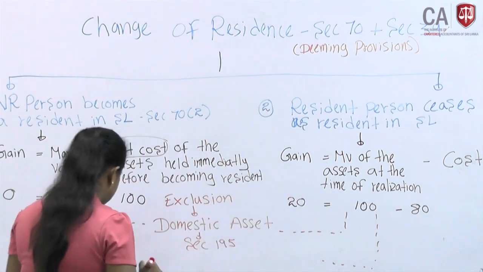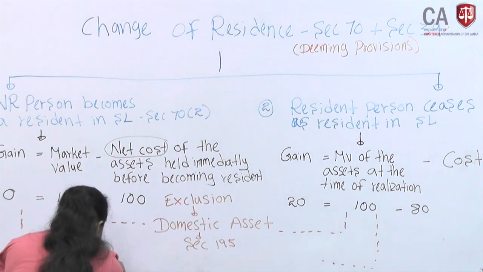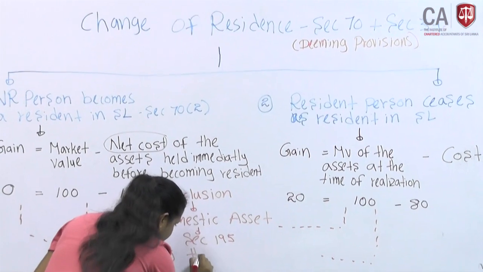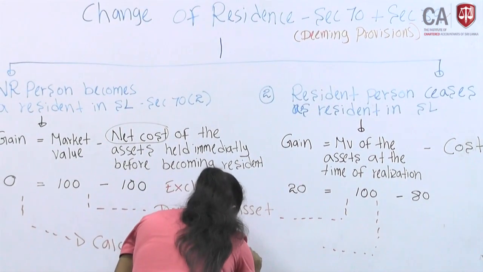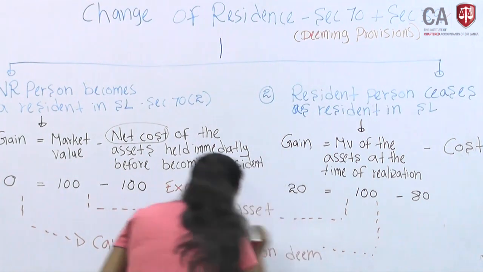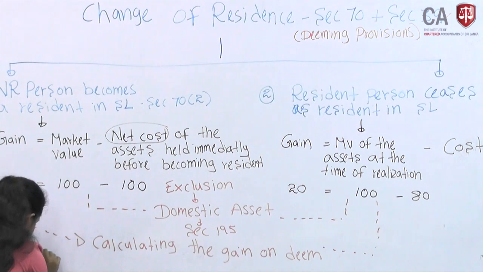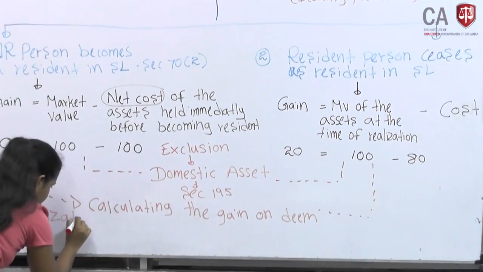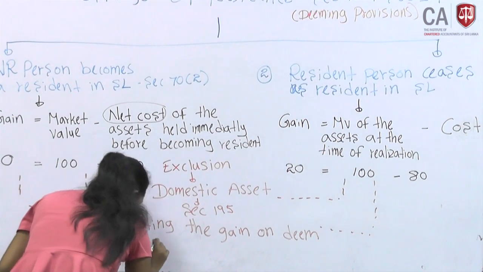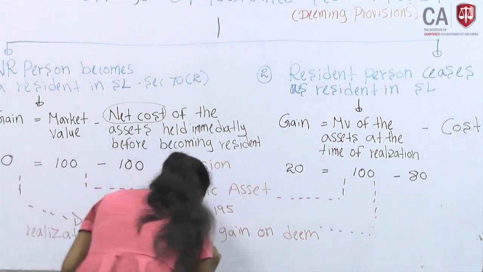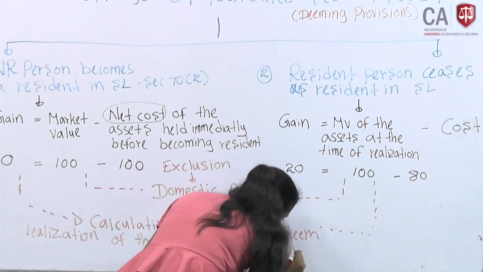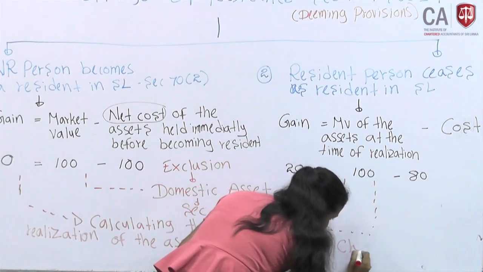It is calculating the gain on deemed realization of the asset at the time of change of residence.